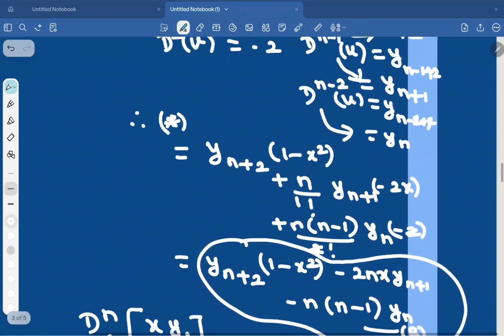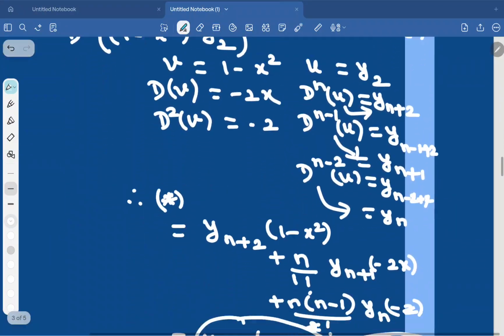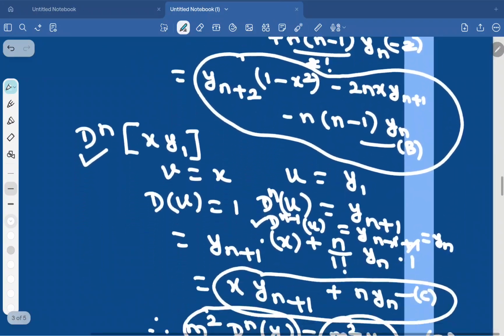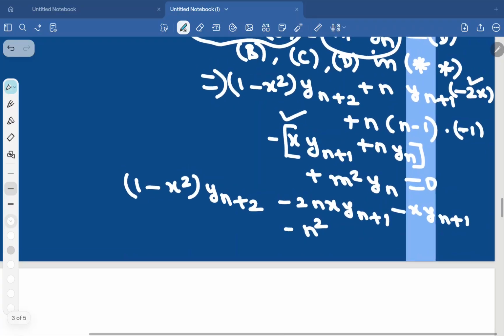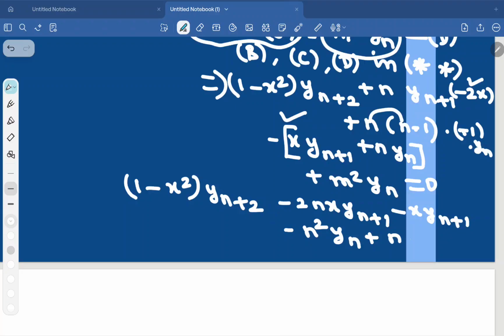Here last term, I am missing one term, yn. n into n square yn minus plus minus of minus plus n yn.